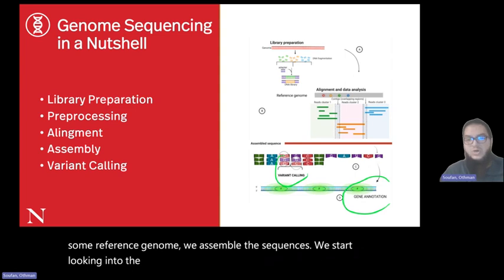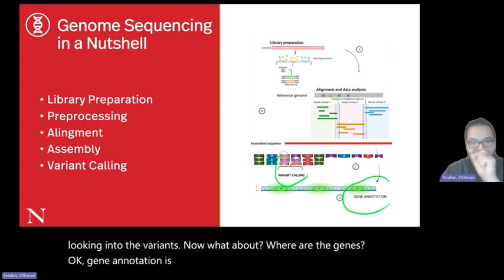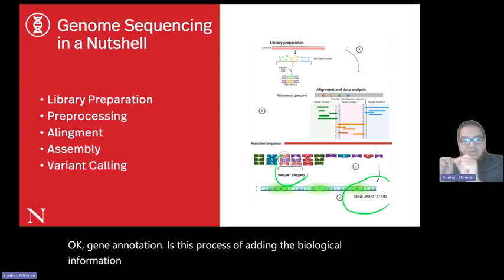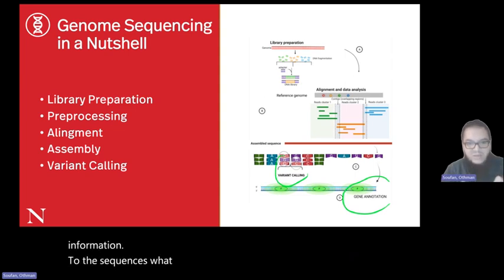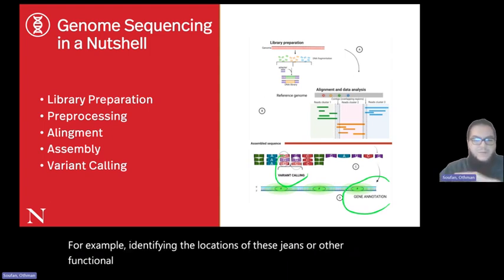Now, what about where the genes are? Gene annotation is the process of adding biological information to the sequences. What does this sequence mean? For example, identifying the locations of the genes or other functional elements.